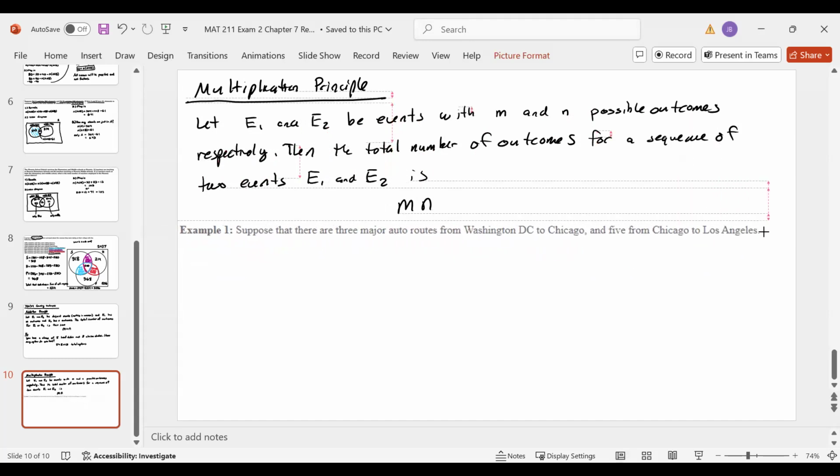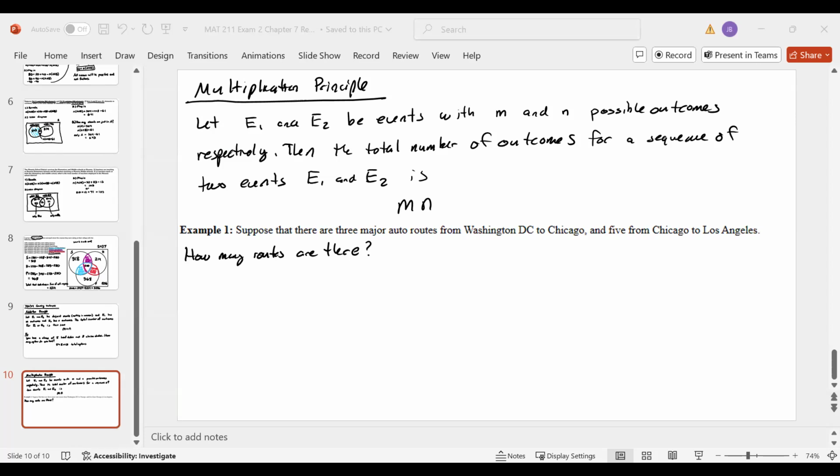Suppose there are 3 major auto routes from Washington, D.C. to Chicago and 5 from Chicago to Los Angeles. How many routes are there? Again, it depends on how you want to interpret this, but effectively I want to find out how many routes there are, and we're going to multiply.